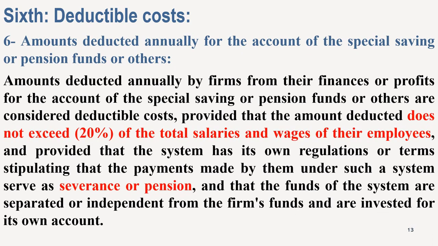Amounts deducted annually by a firm from its finances or profits for the account of special saving or pension funds or others are considered deductible costs, provided that the amount deducted doesn't exceed 20% of the total salaries and wages of their employees, and provided that the system has its own regulations or terms stipulating that the payments made by them under such system serve as severance or pensions, and that the funds of the system are separated or independent from the firm's fund and are invested for its own account.